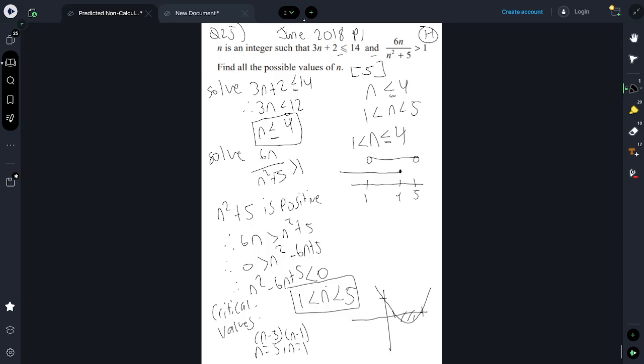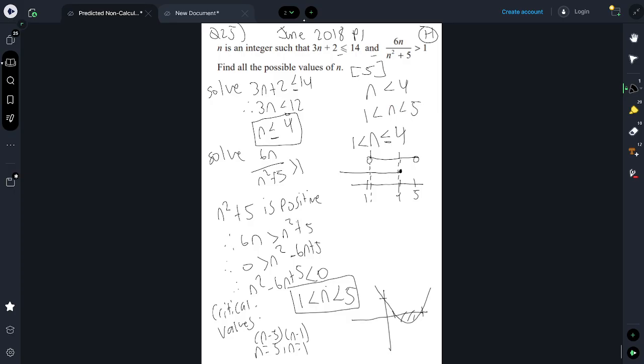So we want the region where n is on both lines. That's going to be here, right? So we cut this off here, and it's going to be in this section here. The endpoint is going to be 1 here, and the upper endpoint is going to be at 4, and it's going to be included, right? Because it's filled in.